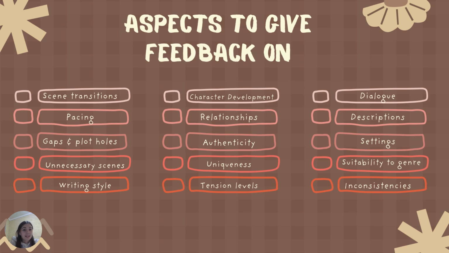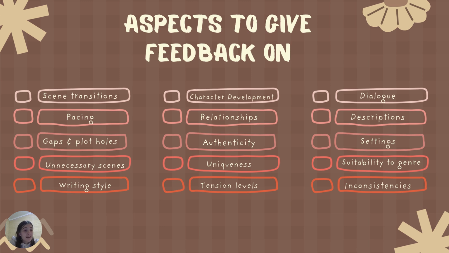Okay, so let's have a look at some aspects that you might give feedback on. So you have scene transitions, the pacing, gaps and plot holes, unnecessary scenes. This will help with pacing. Writing style can be a hard one, but it is really important to see whether you, as a recommended reader and an intended reader for the book, think that the writing style matches the genre, and if it portrays the characters well.